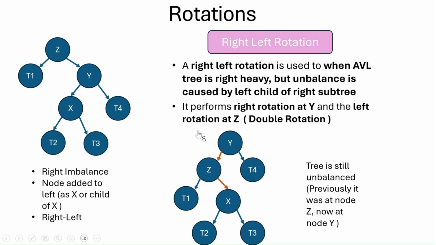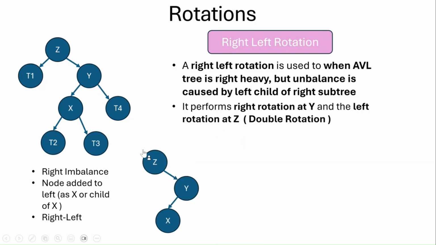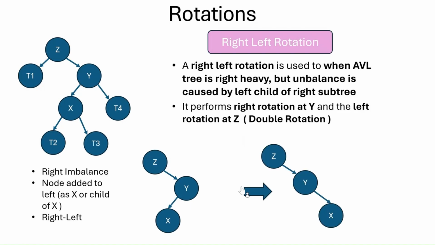We need to basically break this zigzag nature. So this is the zigzag nature, Z, Y, X. Can we convert it like this, Z, Y, X? No, because X is less than Y, so we can't just simply make it a right child of Y. So we can't do it like this. But can we do it like this? Make Y the right child of X, make X the root here.